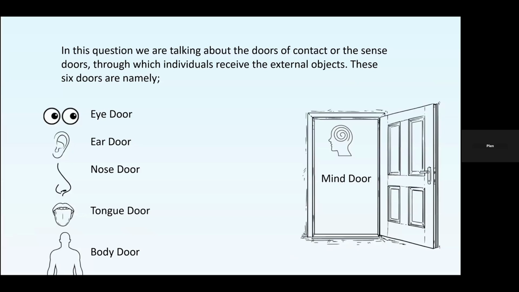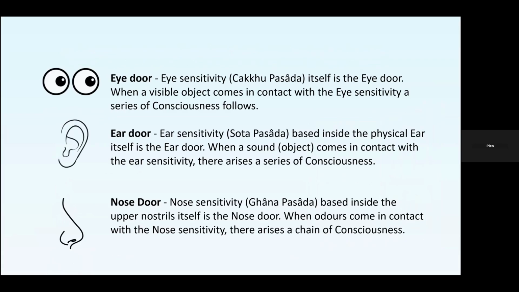So in this question, we are talking about the door of contact or the sense door through which an individual receives the external object. These doors are namely the eye door, ear door, nose door, tongue door, body door, and the mind door.